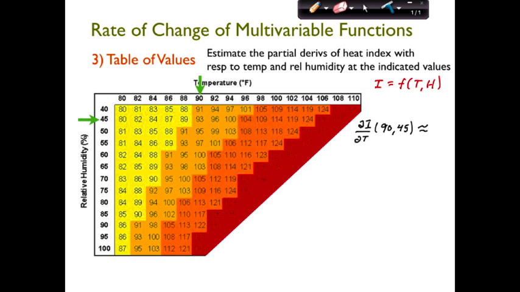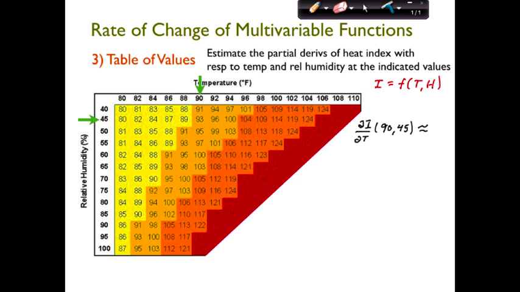So we're looking at increases of 2 in temperature, and seeing the resulting increase in index was on the average what? 4 and then 3, so 3.5, right? So right around there, we're seeing an increase of index of 3.5 on the average for an increase of temperature of 2.